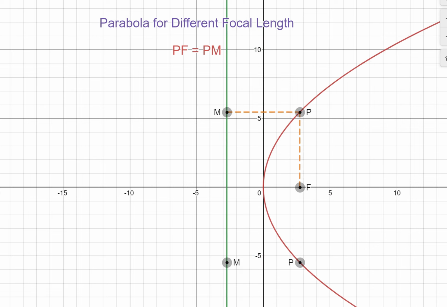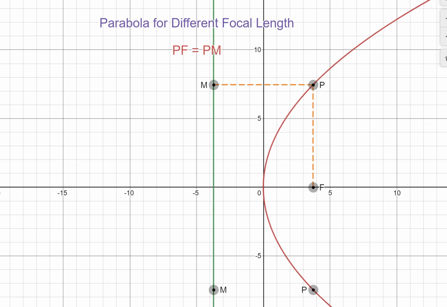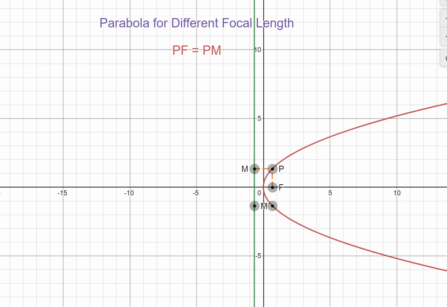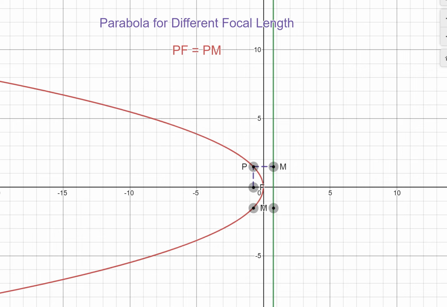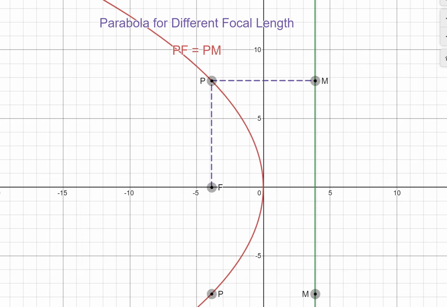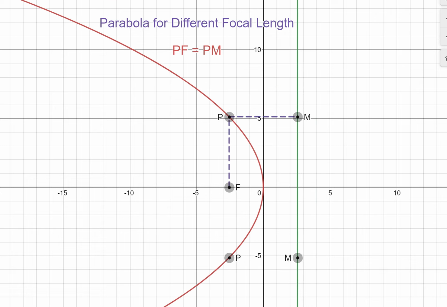Here you can very clearly see that the point P on the parabola is the same distance from F, the focus, and the vertical line PM. The vertical line is called the directrix.